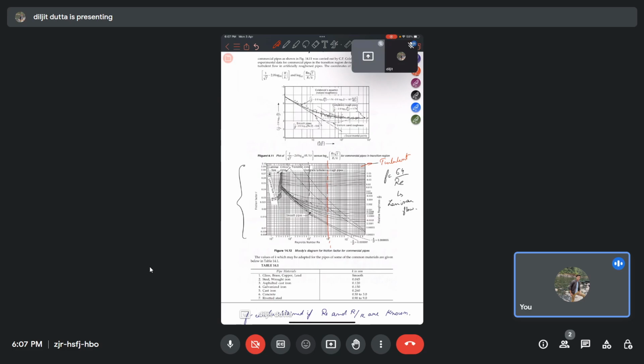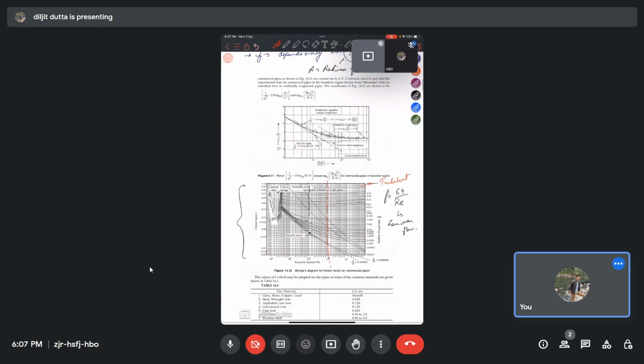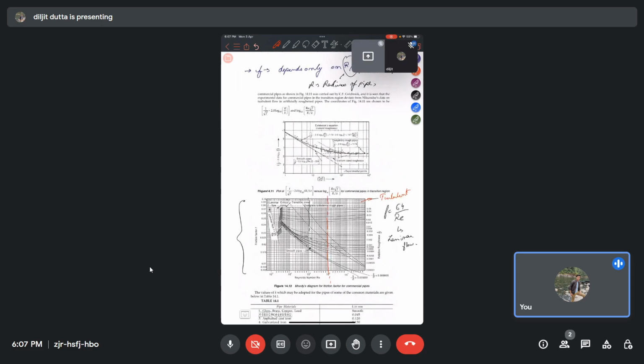Here you can see that as the Reynolds number increases, the friction factor f is not proportional to the Reynolds number; it does not depend on it. So for rough pipes in turbulent flow, the friction factor is a function of only r by k, and we can obtain that relation from this graph. We plot Re root f by r by k on the x-axis and 1 by root f minus 2 log r by k on the y-axis.